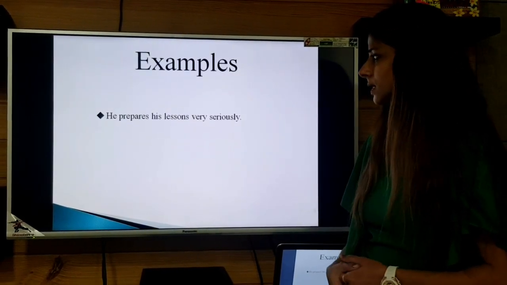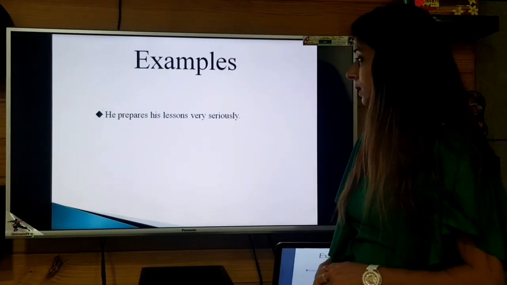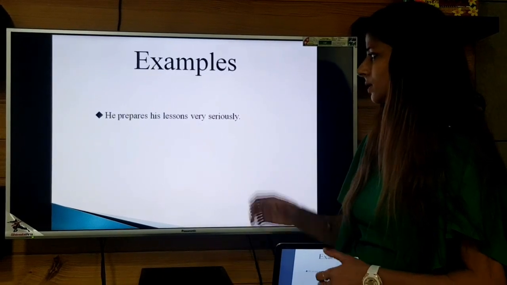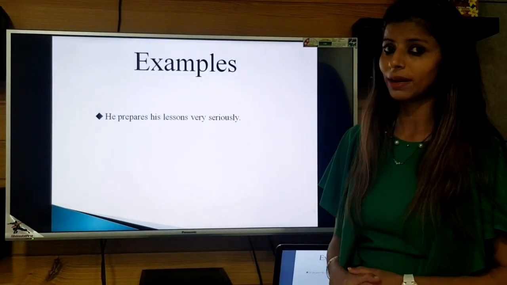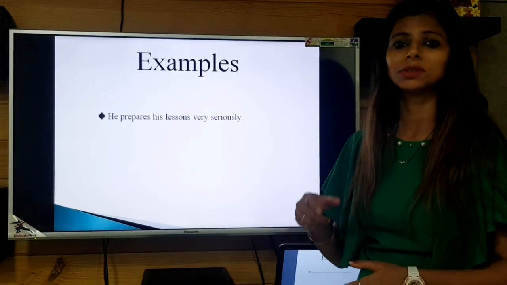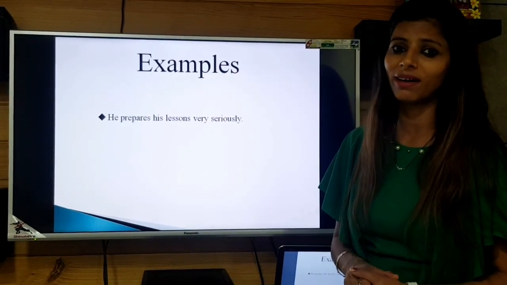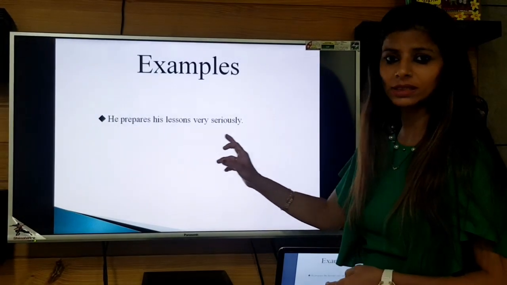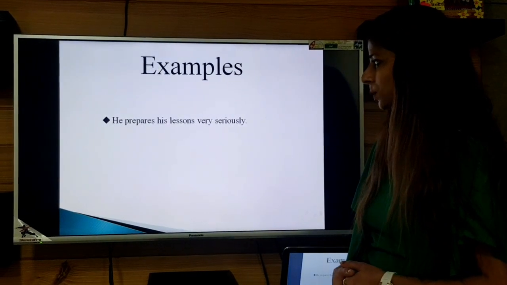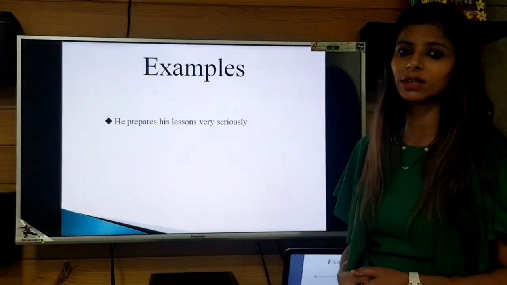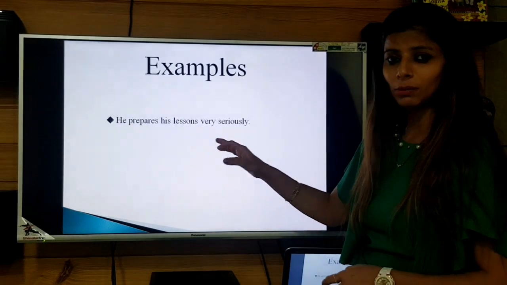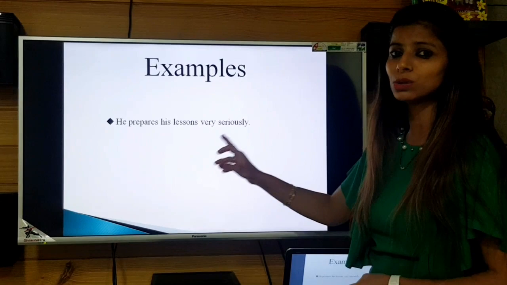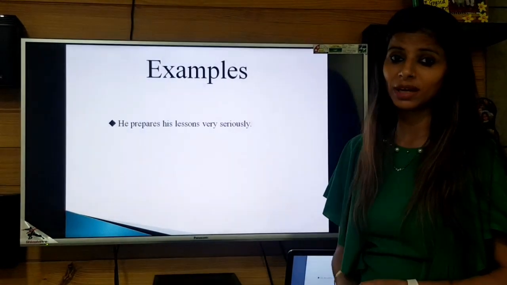He prepares his lessons very seriously. Now, by adverb you can get to know that words usually ending with ly are adverbs. So now you can spot it. Seriously is an adverb. We have already talked about amount, that is we have added the word very. So definitely this very also comes into the category of adverb.